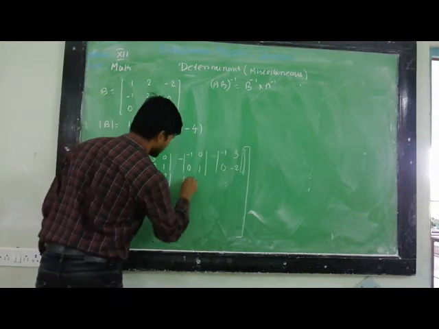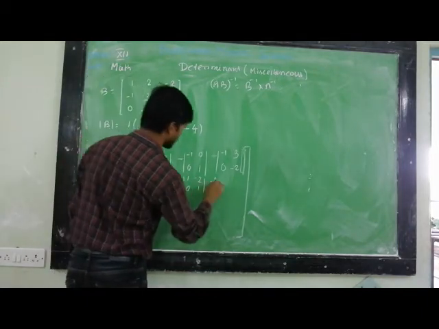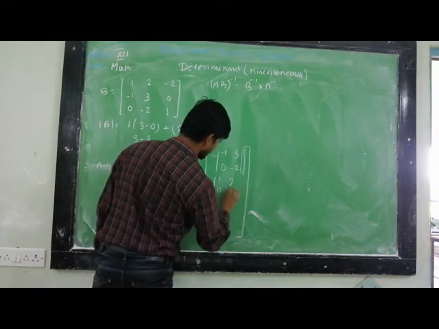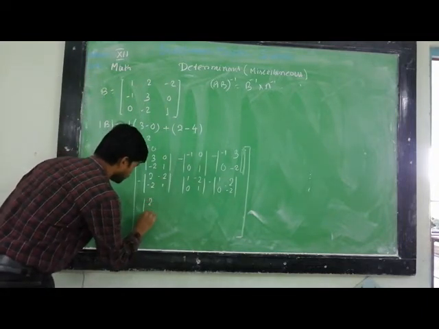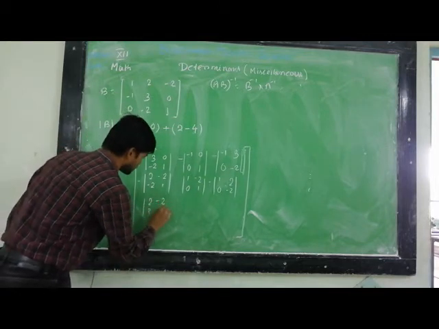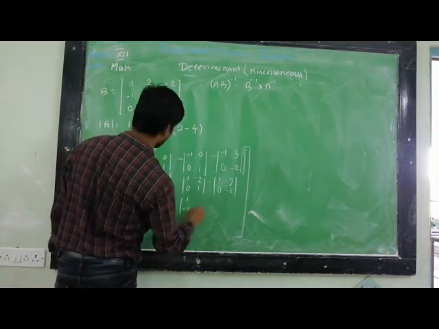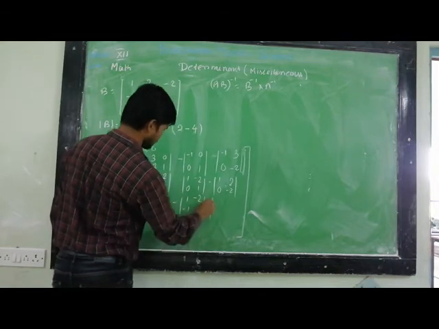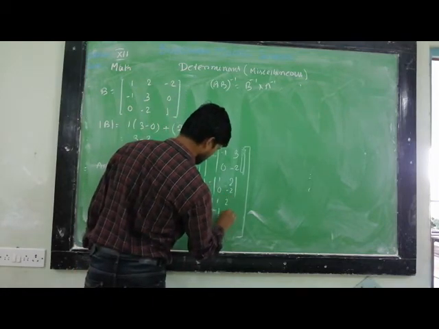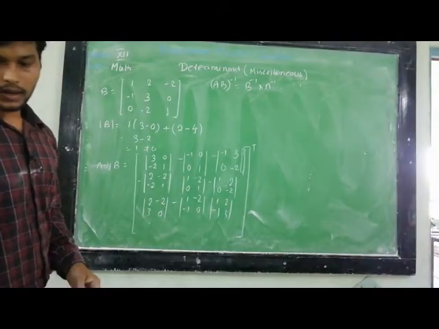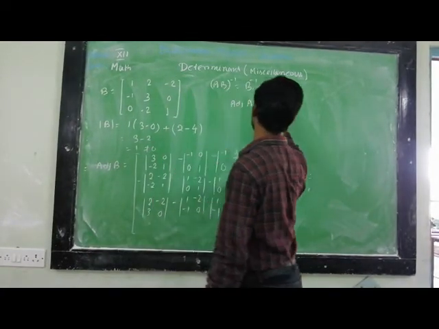The next entries are 1 0, 1 0, -2 1, and 1 0, 1 0, 2 -2, then 2 3, 2 3, -2 0, and 1 -1, -2 0, and 1 -1, 2 3, whole transpose.